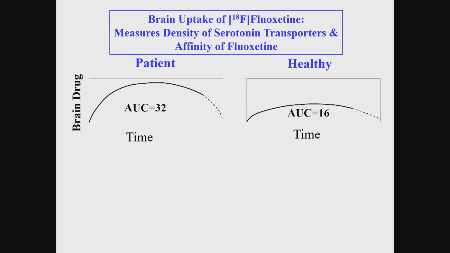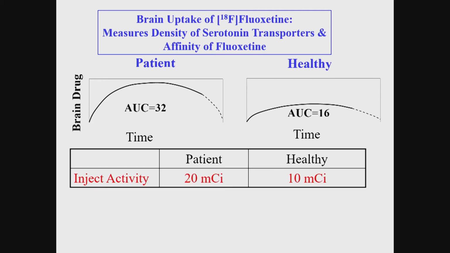And he said, well, Bob, that's pretty good, but tell me, how much did you inject the subject with? Oh, well, in the patient I injected 20 millicuries, but the healthy subject, the radiochemists were having a bad day, and they only injected 10 millicuries. And he said, Bob, you stupid fool, of course there's going to be more in the patient because you injected twice as much in the patient. Go back and do it properly.